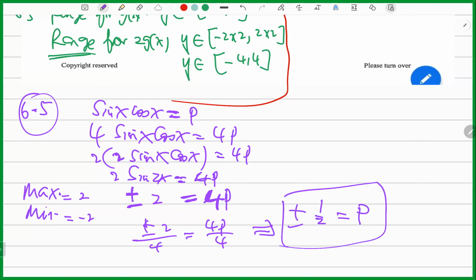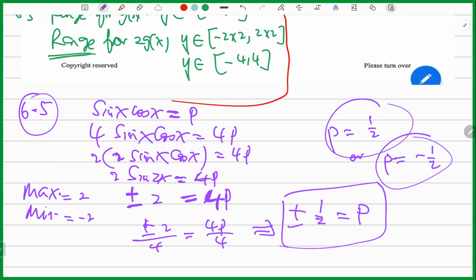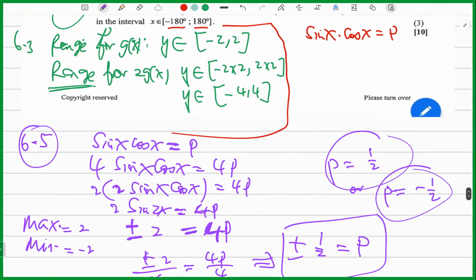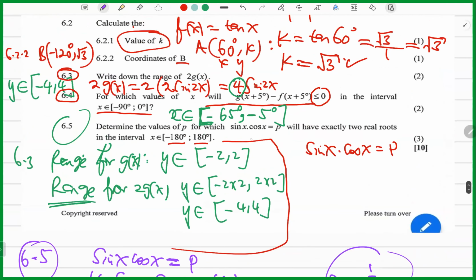So what are the values of p? Either p is 1/2 or p is minus 1/2. Okay, so these are the 2 answers. Right, so they asked us to find the values of p for which this will have exactly 2 real roots.